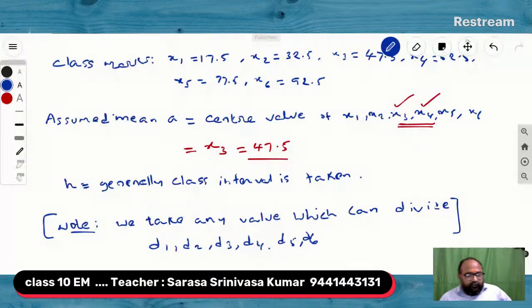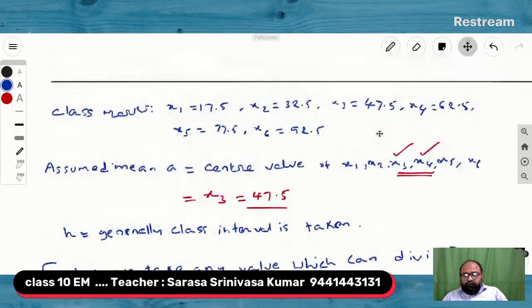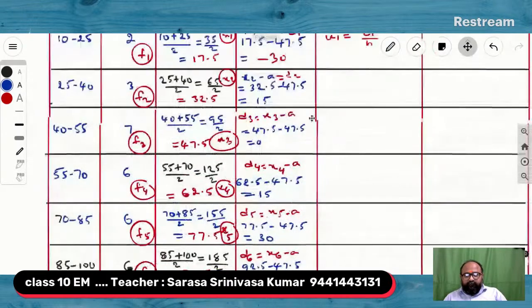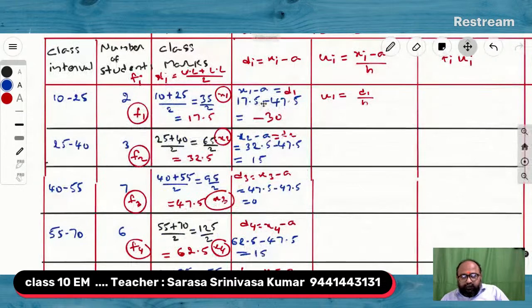In this there are 6 deviations. We found d1, d2, d3, d4, d5, d6.